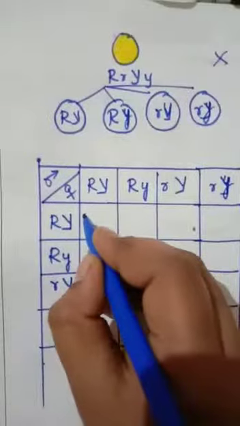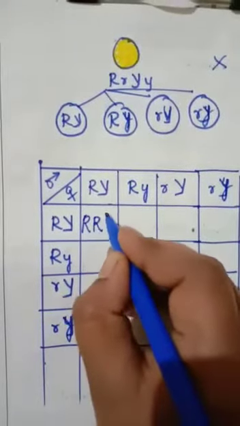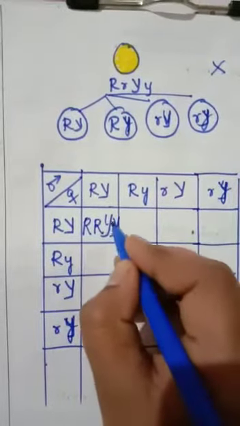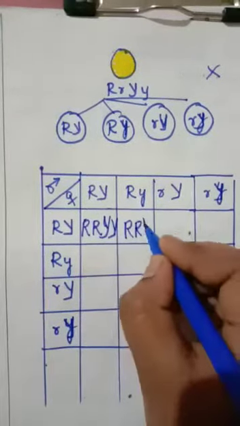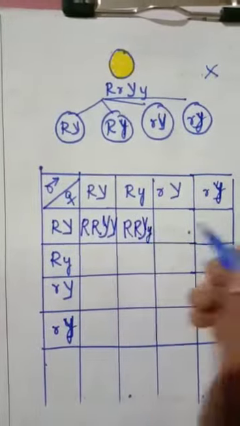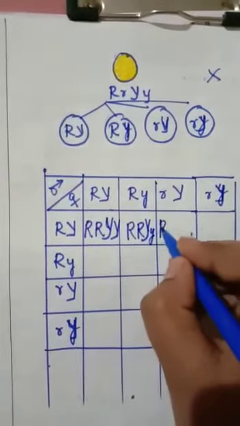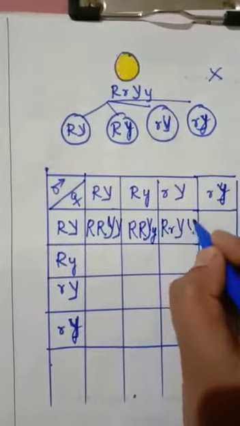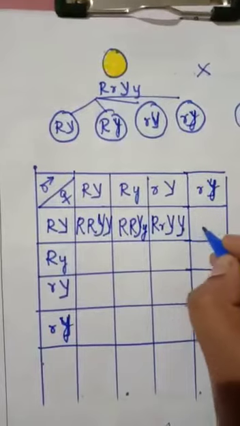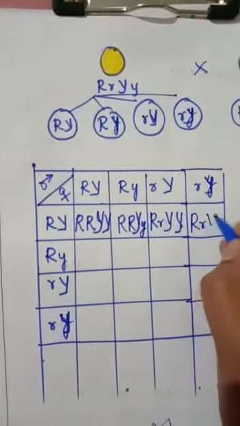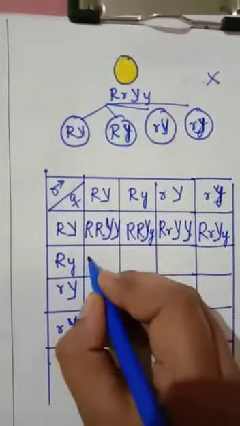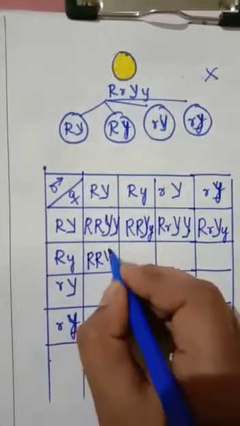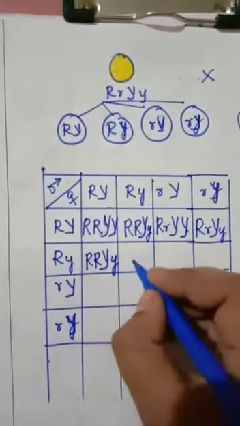So what are we getting? Capital R, capital R, capital Y, capital Y. Again capital R, capital R, capital Y, small y. Capital R, small r, capital Y, capital Y. Now capital R, small r, capital Y, small y. Capital R, capital R, capital Y, small y.